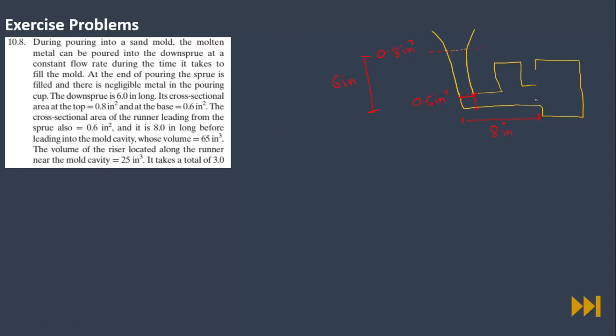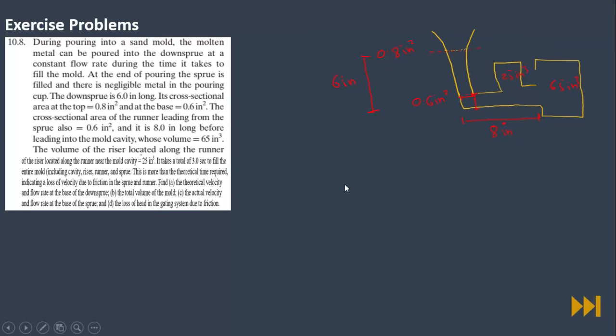And it says the total volume of the mold cavity is 65 inch cube, and the volume of the riser located along the runner near the mold cavity is 25 inch cube. So it says it takes a total of 3 seconds to fill the entire mold, including cavity, riser, runner, and sprue.